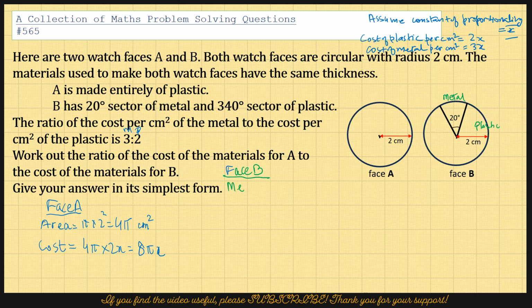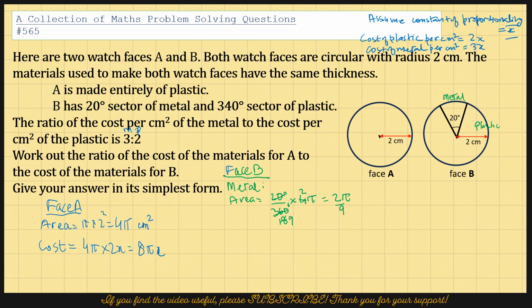If I work out the metal first, the area would be 20 out of 360 times pi r squared, so that is 4 pi times 20 over 360, which simplifies to 2 pi out of 9.